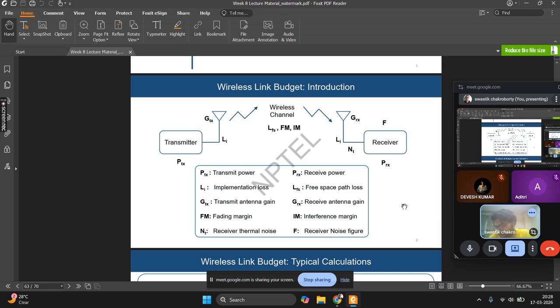What is your margin now? Your margin is 20 dB, because it is minus 70, it can only go 20 dB below to minus 90, after which it will not work. So your link margin is 20 dB.